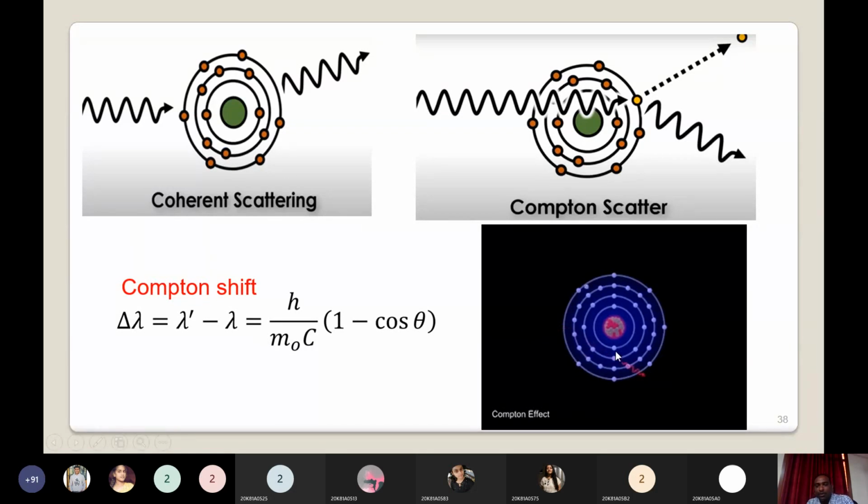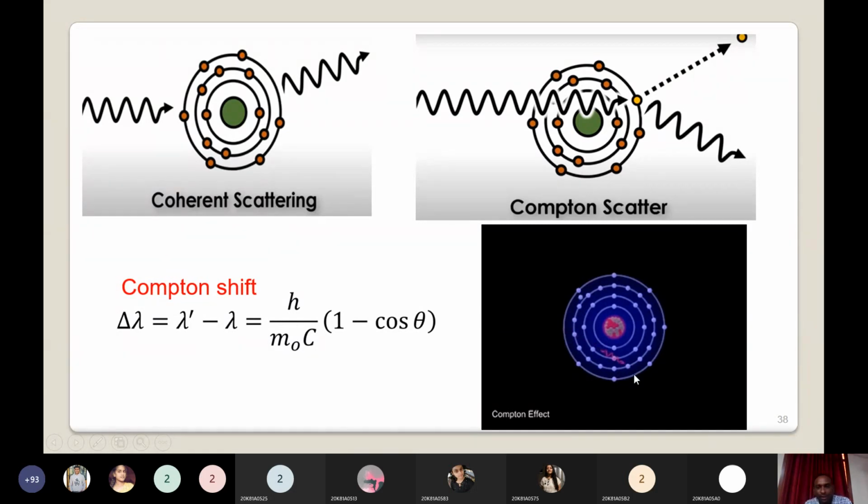Here see what Compton discovered, or derived as the expression. The incident photon has some frequency or wavelength or energy, that is lambda I. After hitting the electron, the incident photon loses some energy to the electron, so the electron gains some kinetic energy and moves in some other direction, and after the collision the photon also moves in another direction, having lost some energy.